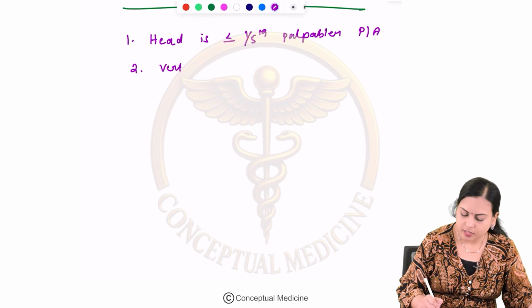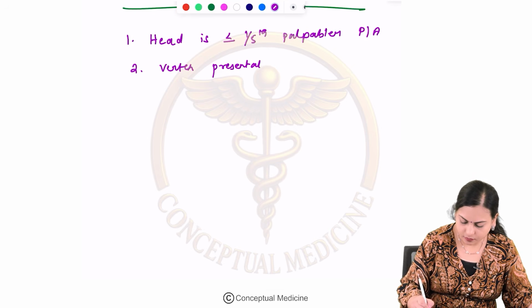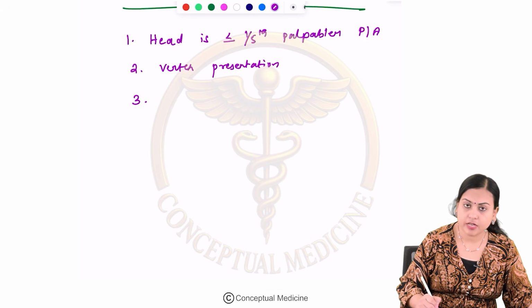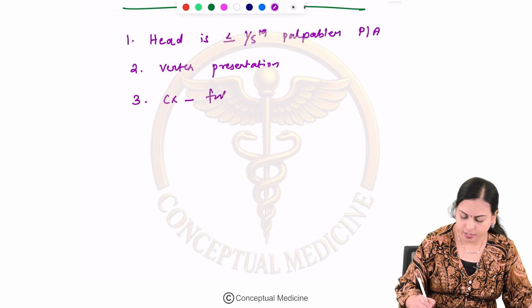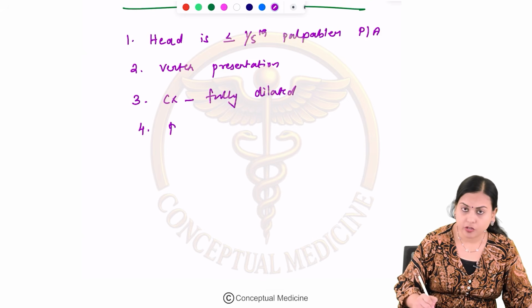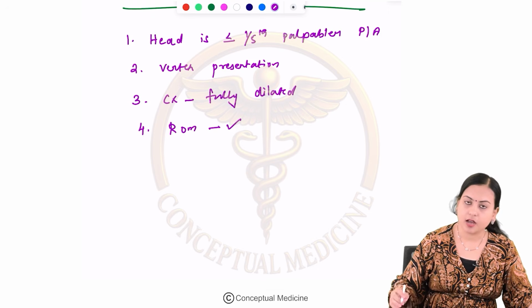Second one, the fetus should be in a vertex presentation. Number 3, cervix is to be fully dilated and rupture of membranes has to have occurred.